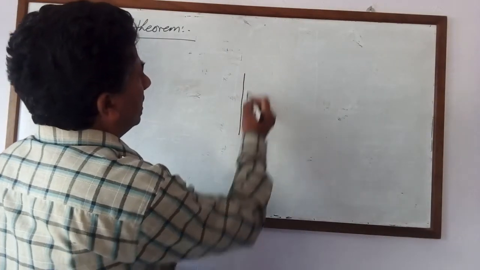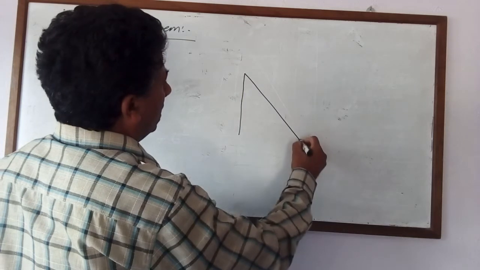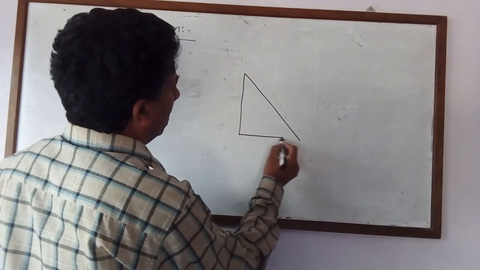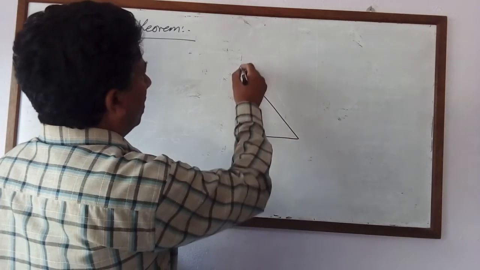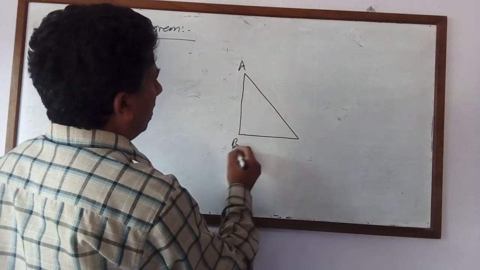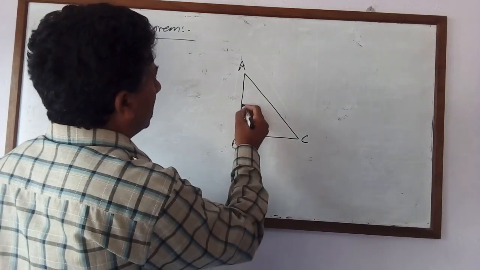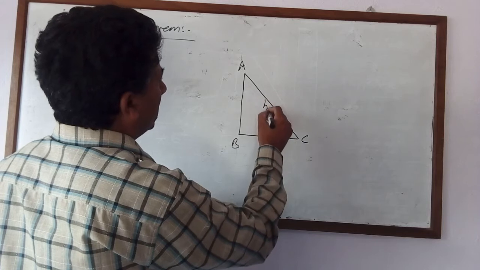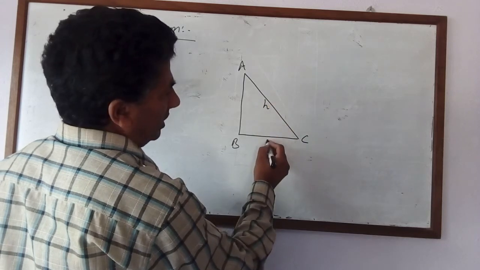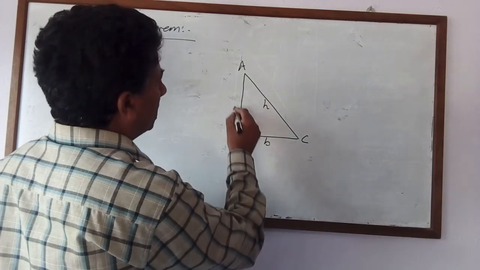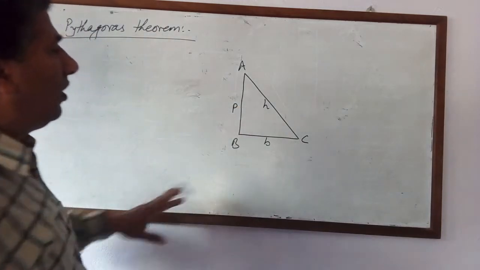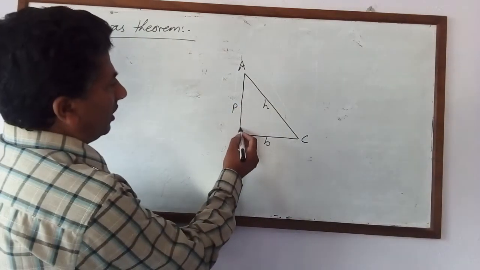Suppose ABC is a right angle triangle. I have taken a right angle triangle ABC. This one is H, this one is B, let's say this one is P. This one is 90 degrees, a right angle triangle.